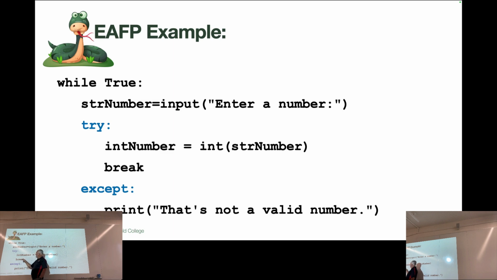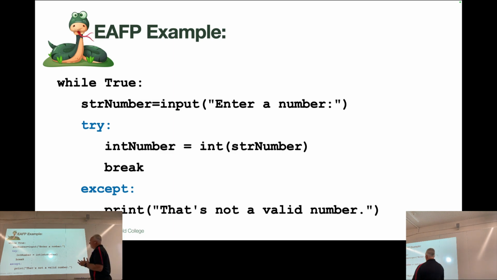It will not execute the rest because this is where the error happened. If there's no error, then it will continue, hit the break statement, and break out of the loop. So those two pieces of code work exactly the same way, but using different techniques.